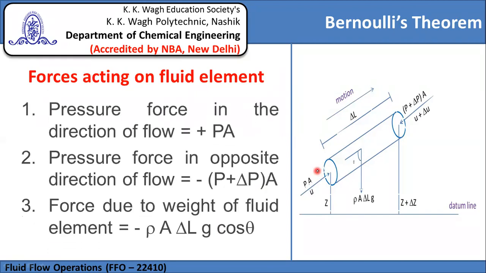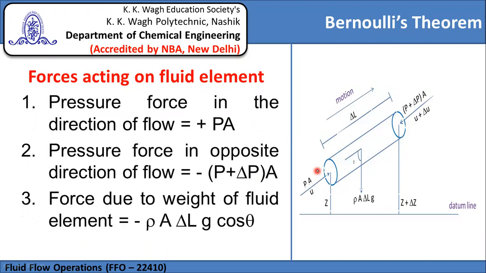The second force will be in the opposite direction to the motion, that is P plus delta P into A, and we will consider it as negative as it acts opposite to the direction of motion.